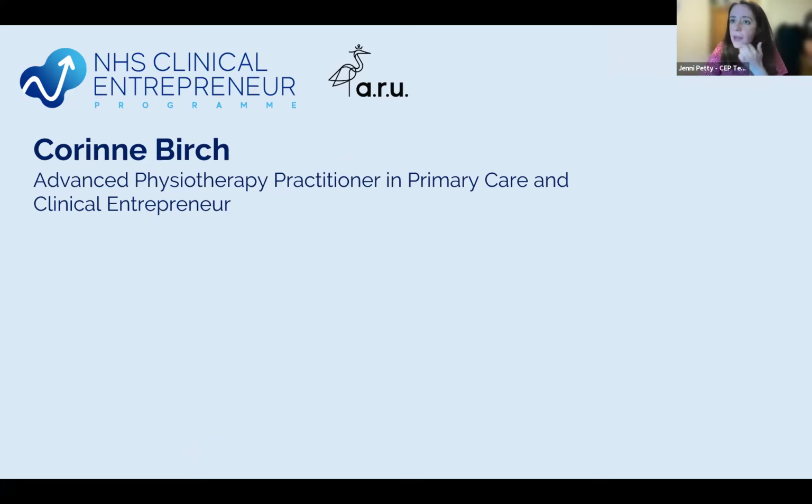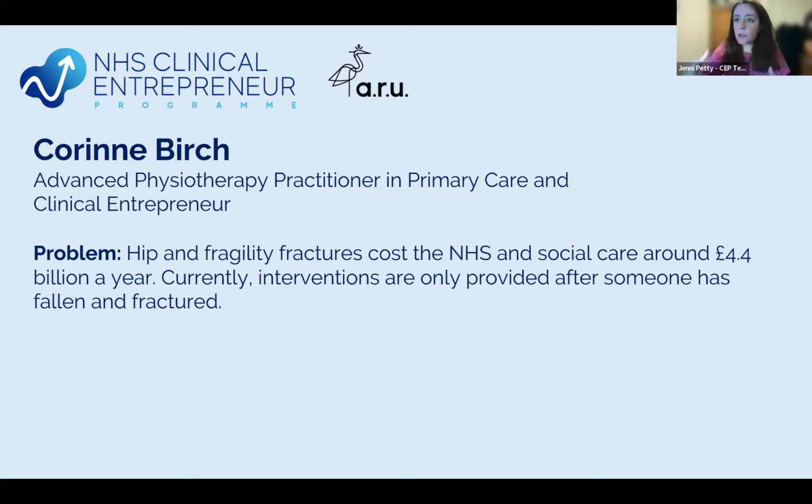The first example is a clinical entrepreneur called Corinne Birch, who is an advanced physiotherapy practitioner in primary care. The problem she identified and brought to our programme alongside her innovation is that within the NHS, hip and fragility fractures cost around £4.4 billion per year. At the moment, interventions are only put in place after someone has already had that fall and fracture.